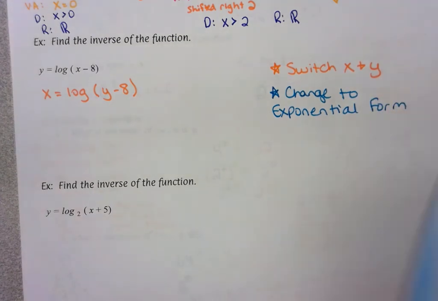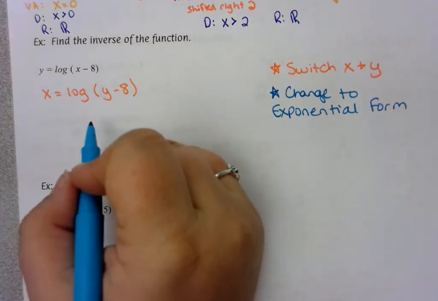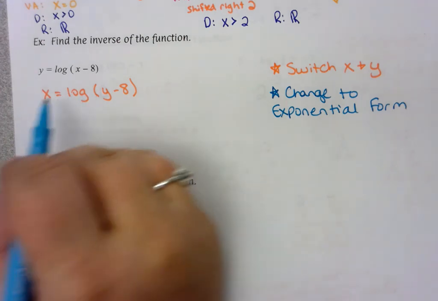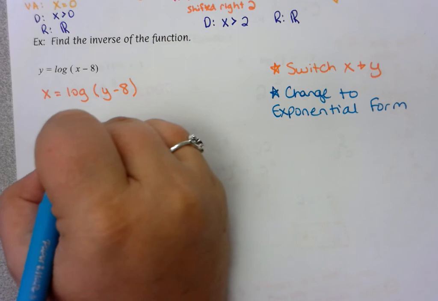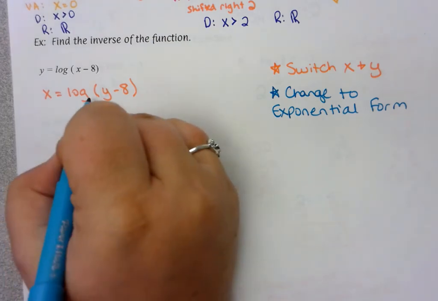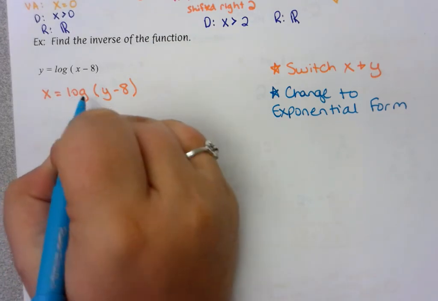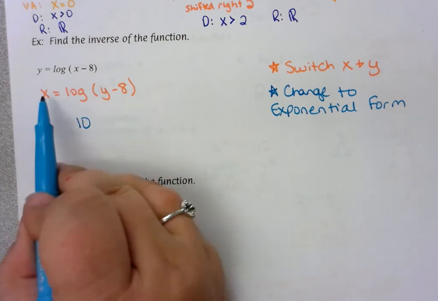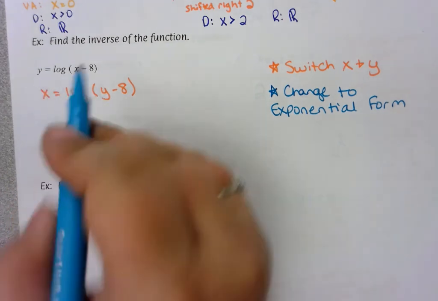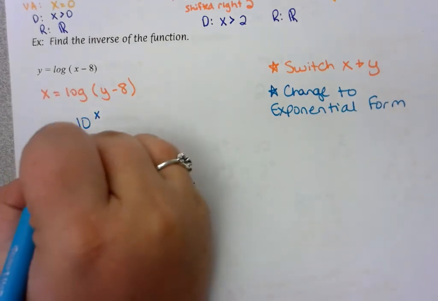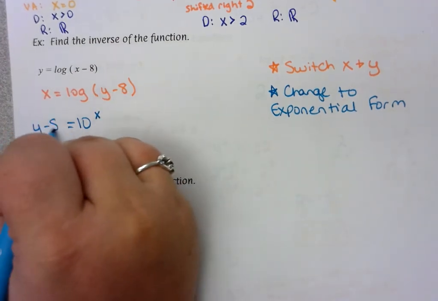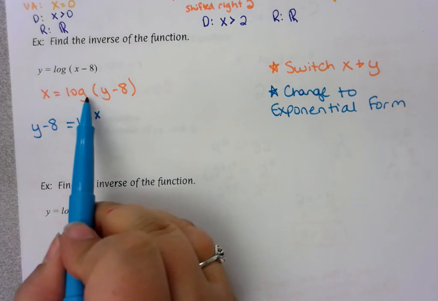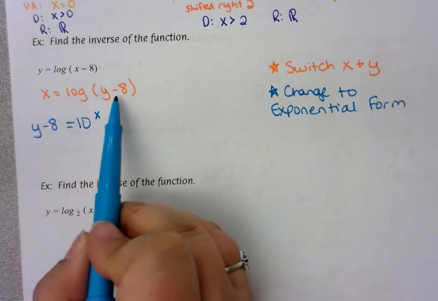So just like we did on the front page, what is the base? The base here is 10. Because it doesn't have a base, 10 will be taken to the power that's on the other side of the equal sign, and it will equal what was after it. So y minus 8. So base to this power equals that thing.